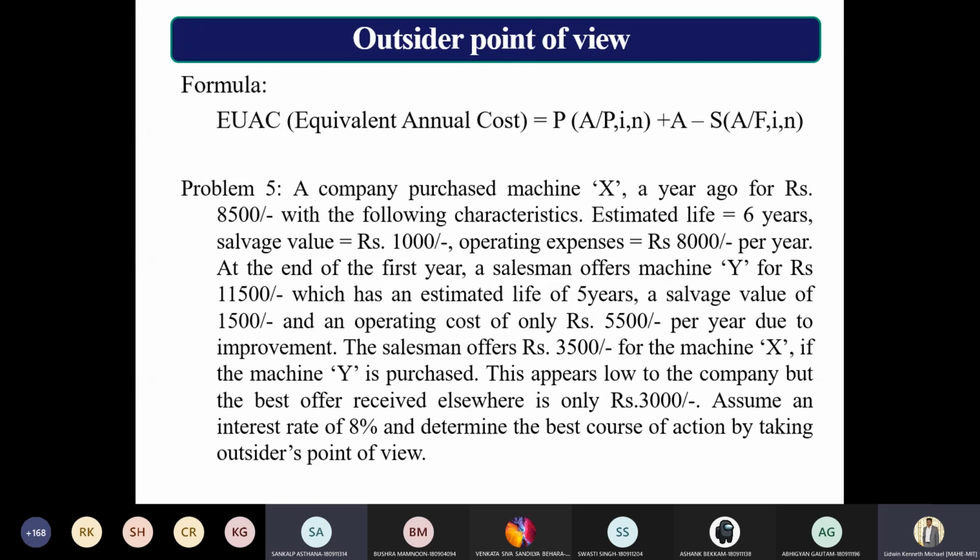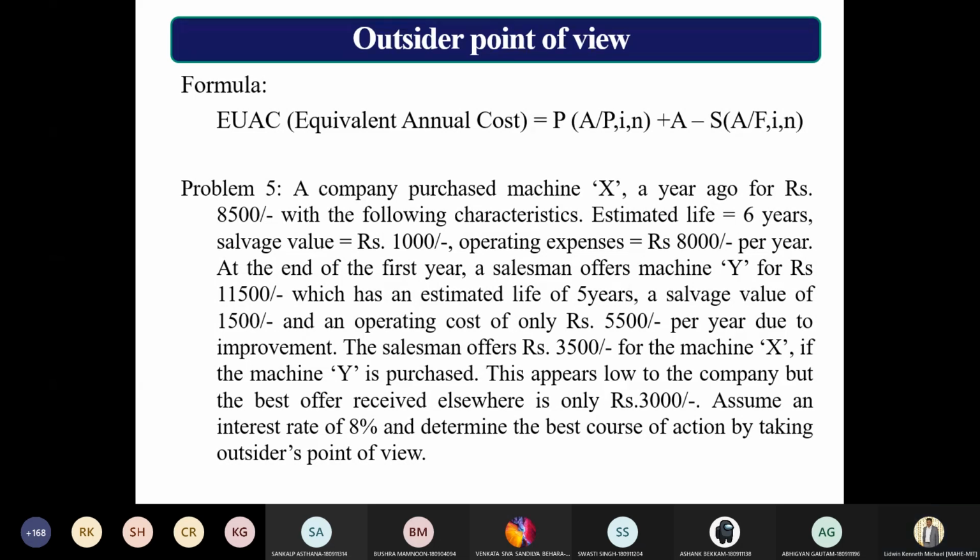He will think that he is either going to buy new equipment or old equipment. So the outsider will be the decision maker on behalf of the company. Now the outsider will decide whether to go ahead or not.